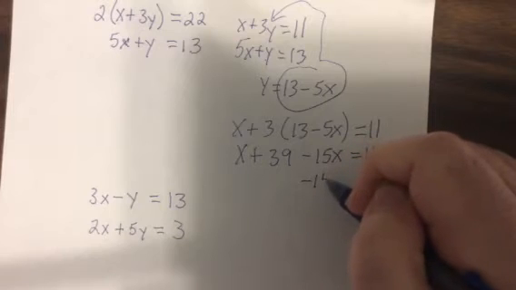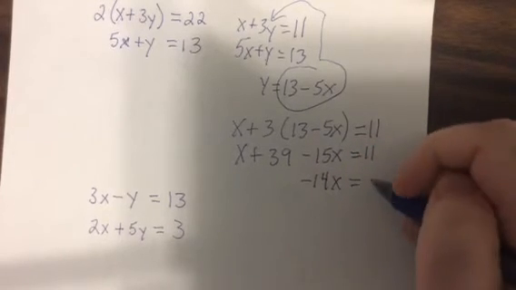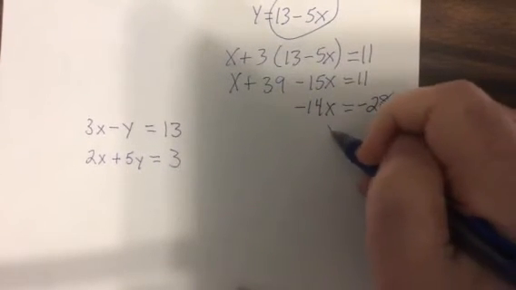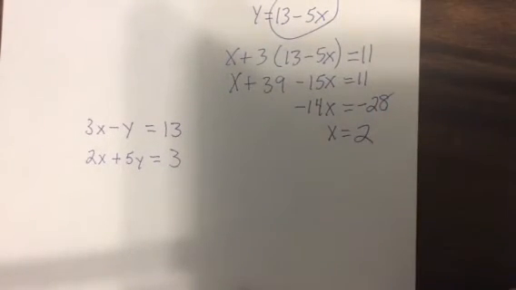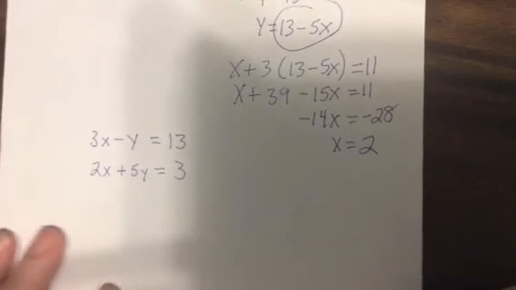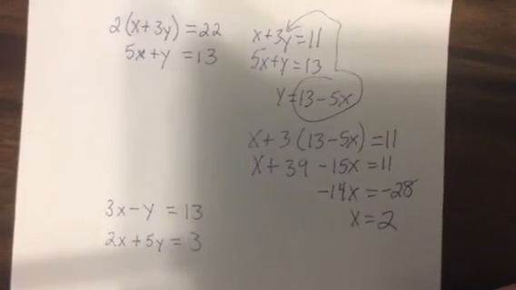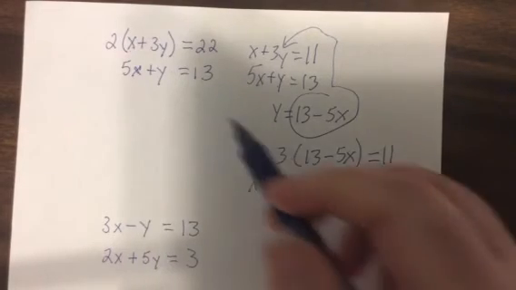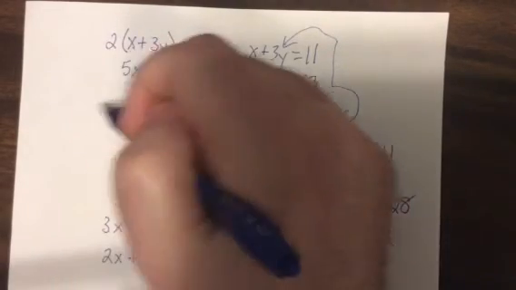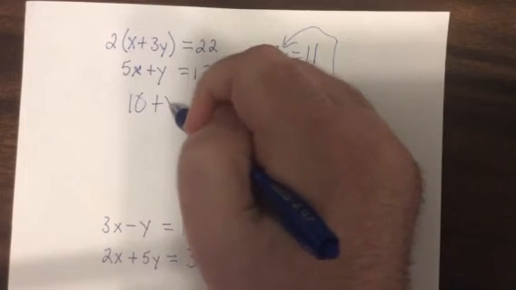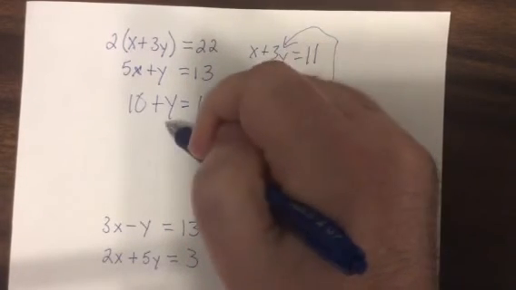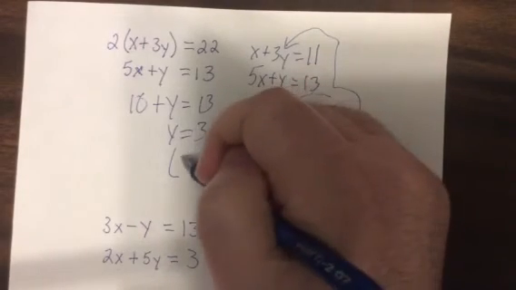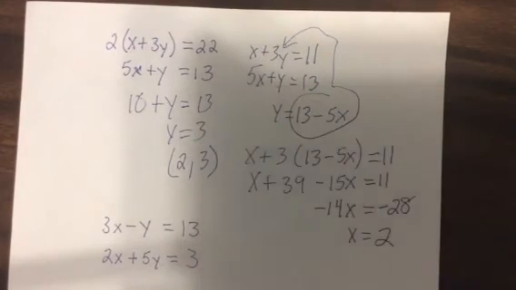So minus 14x equals a negative 28. Divide by negative 14, x equals 2. Okay, so I'm going to plug that back in to either one. Let's plug it into this one. So that'd be 10 plus y equals 13, so y equals 3. Woohoo! So that would be (2, 3).